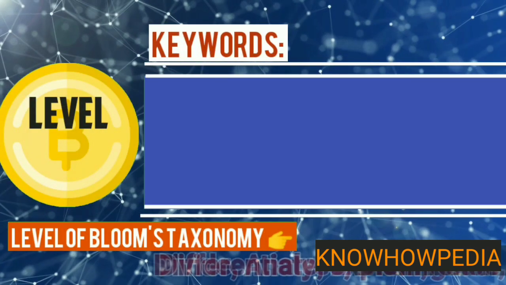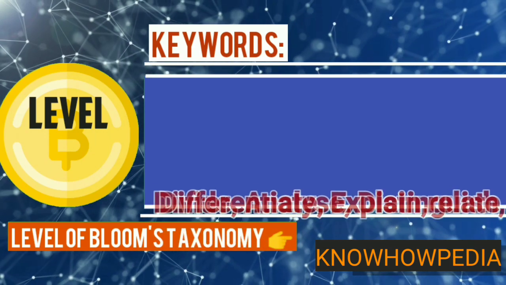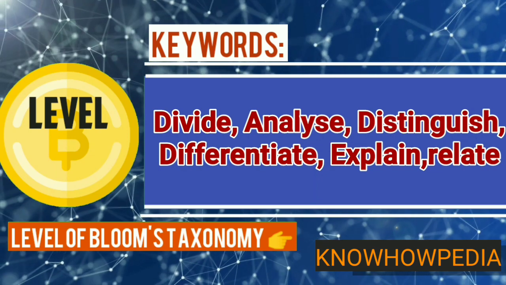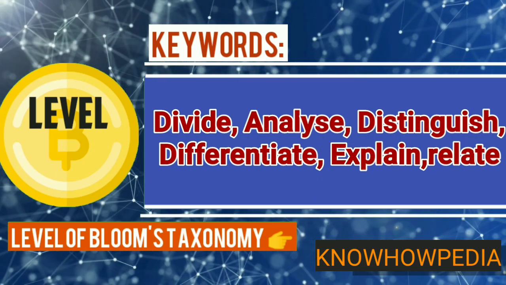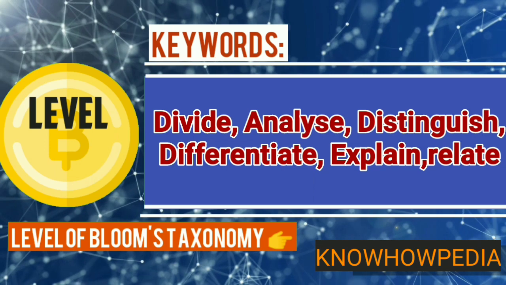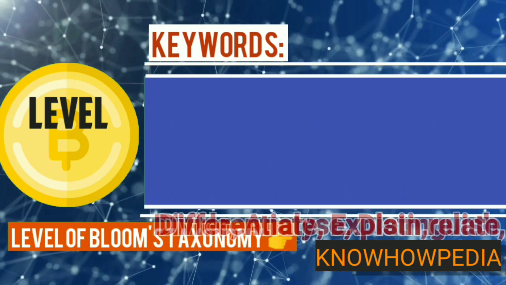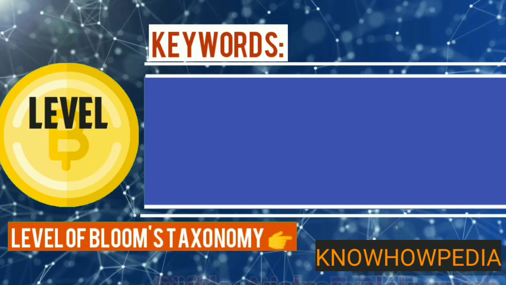If you are able to analyze, differentiate, distinguish, explain and relate, then you are at an analysis level. When you are in the BTech second year to third year, you should be at a level of analysis.